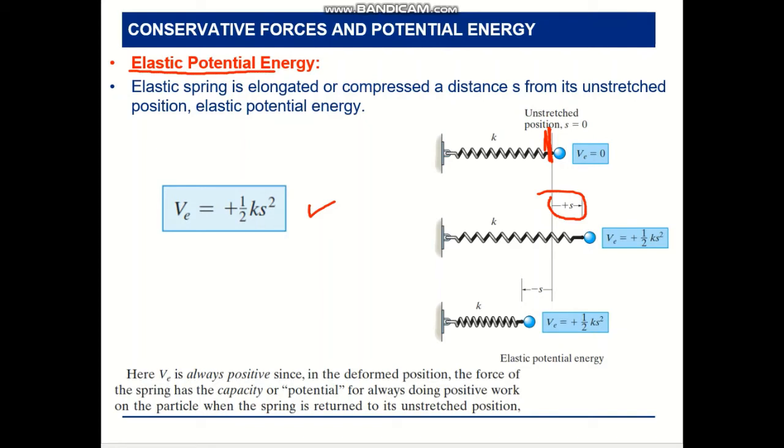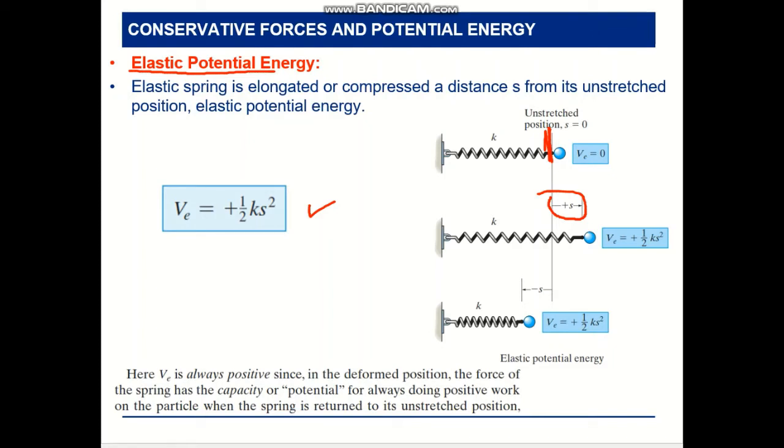Here it is written that the elastic potential energy, Ve, is always positive, since in the deformed position the force of the spring has the capacity or potential for always doing positive work on the particle when the spring is returned to its unstretched position.